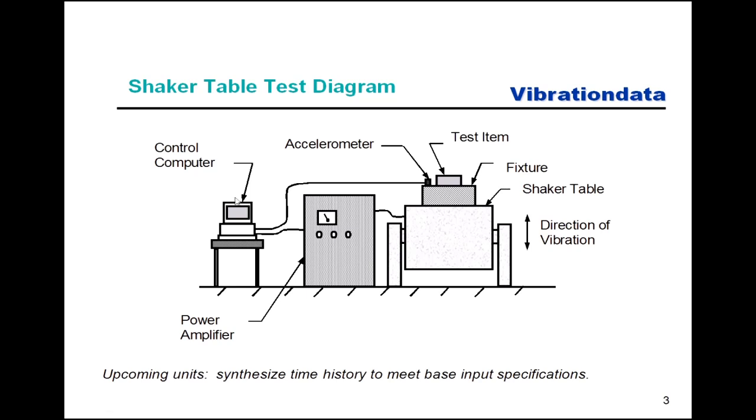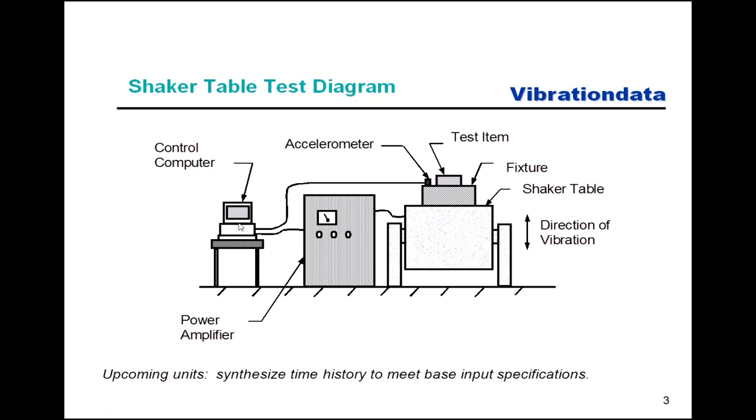So we have a control computer here, and later on in the units we're going to simulate as if we were the control computer, or if we were trying to write software for a control computer. The control computer outputs a voltage, or you might say current, time history. We may have a test spec that's a power spectral density, or a shock response spectrum.